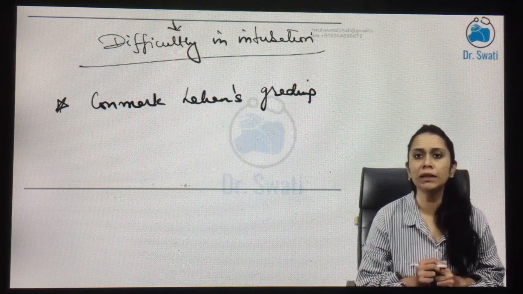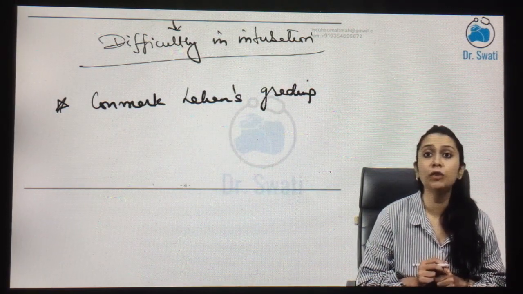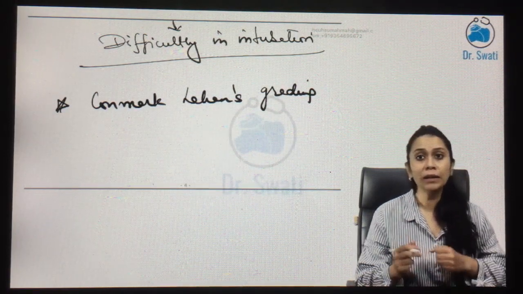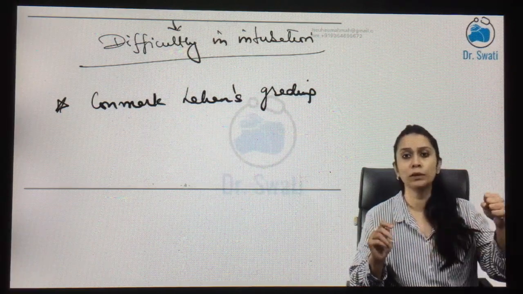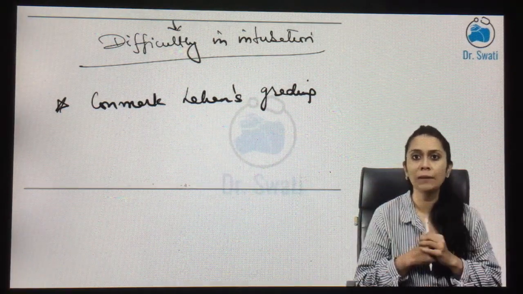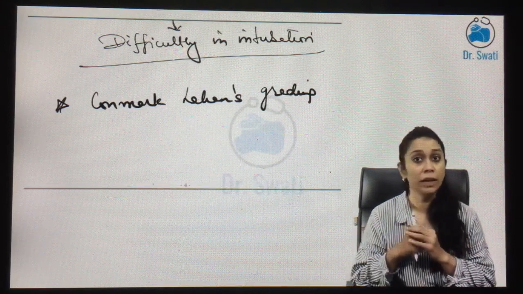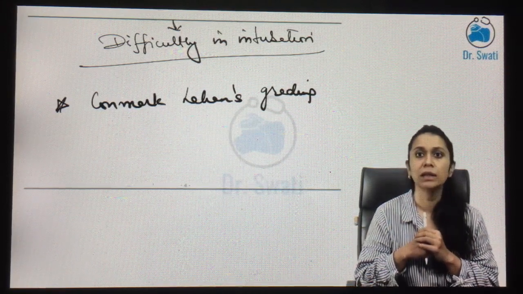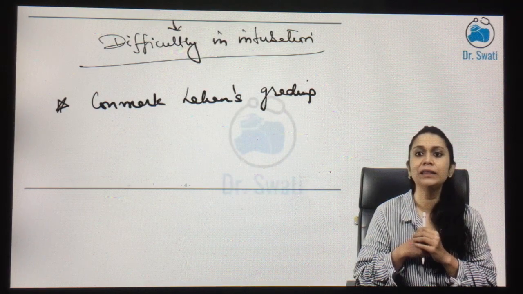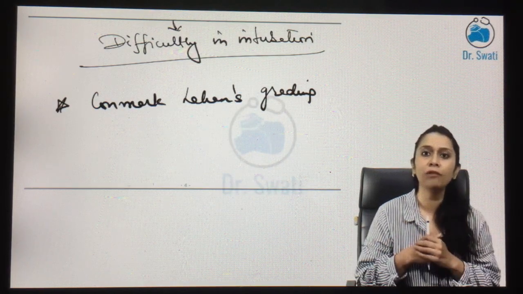Guys, this Cormack-Lehane grading is the laryngoscopic view of the glottis. When we do laryngoscopy, how much glottic opening I am able to see, that grading is Cormack-Lehane grading. It is not a pre-anesthetic evaluation of the airway.